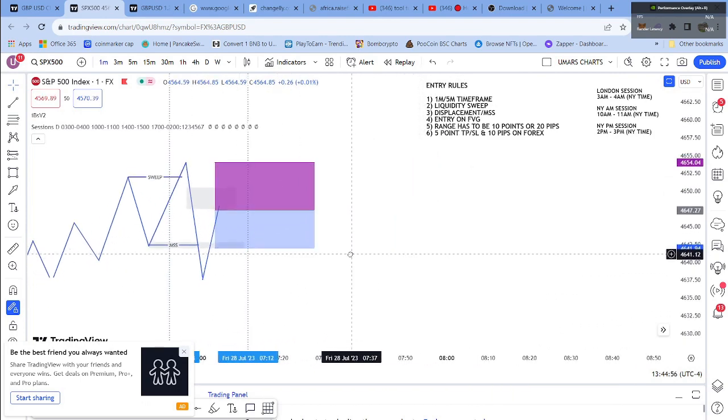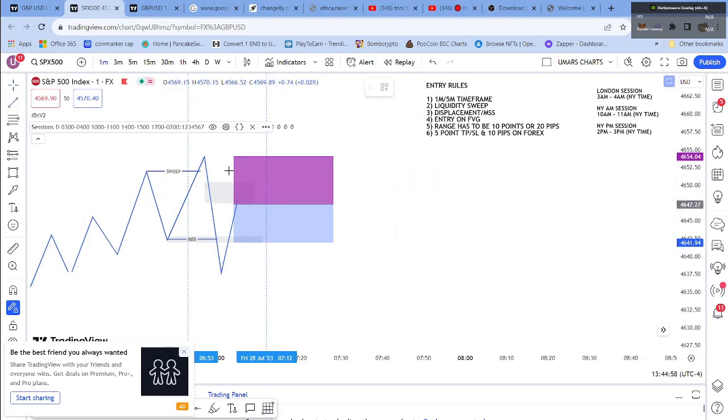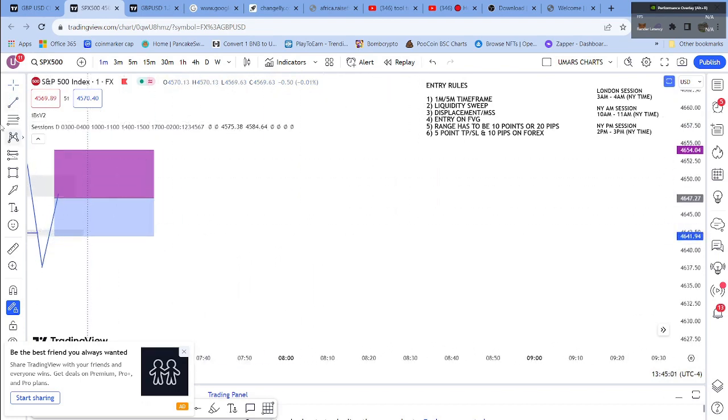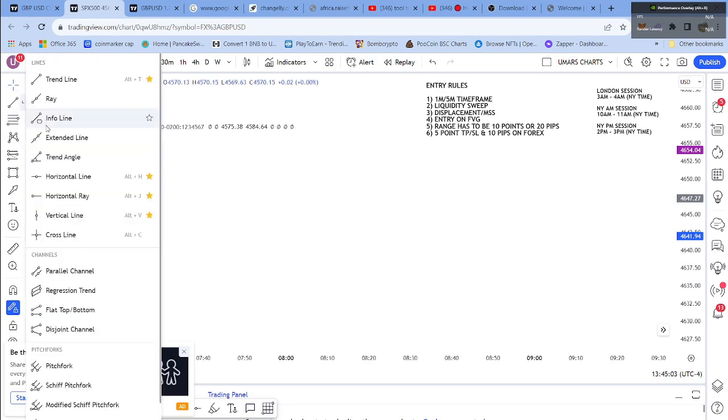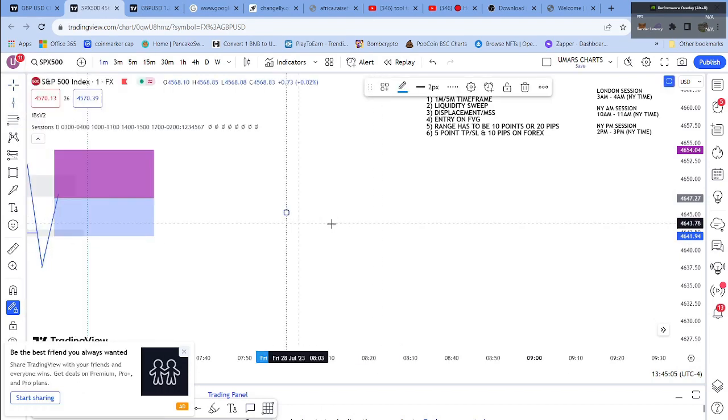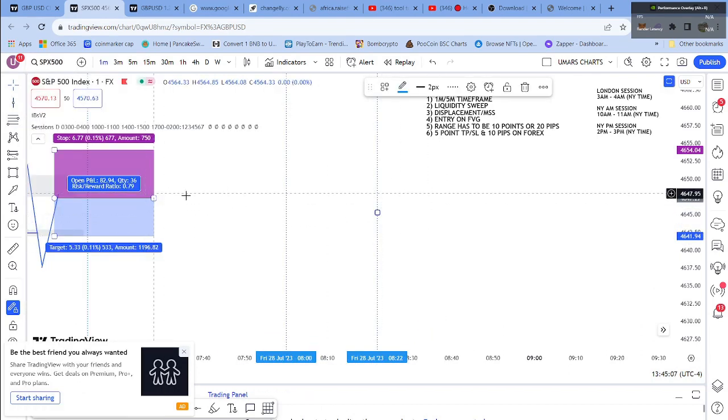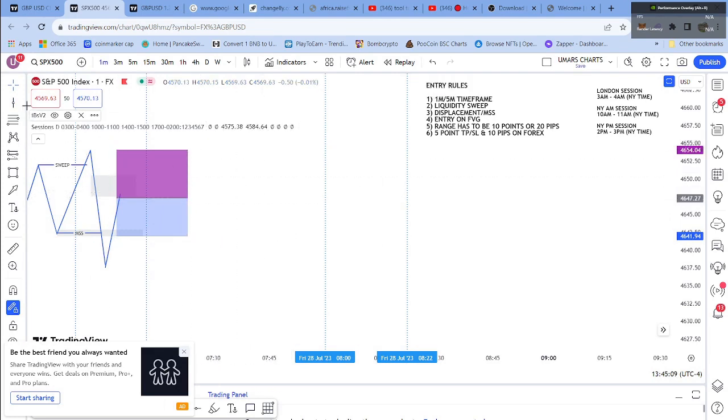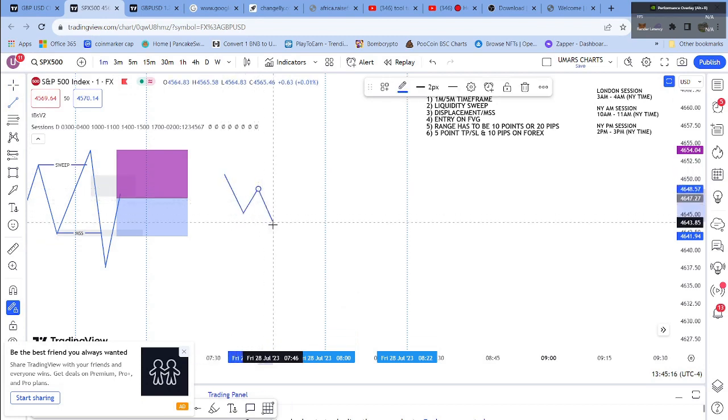Let me show you an example on a buy setup. So you'd basically have your kill zone time. You then basically would identify your market structure, which in this case would be creating lower lows and lower highs.